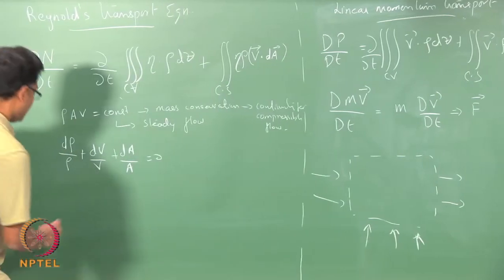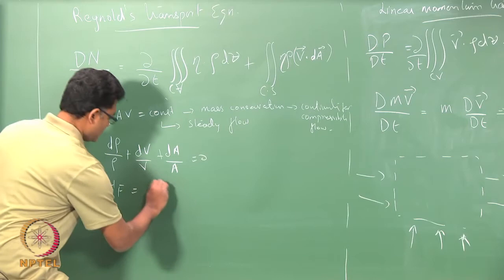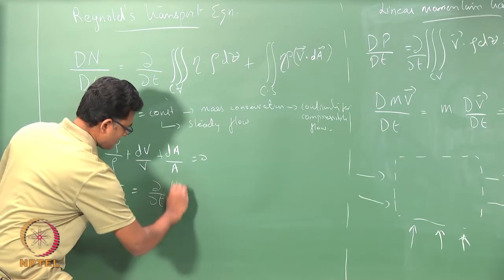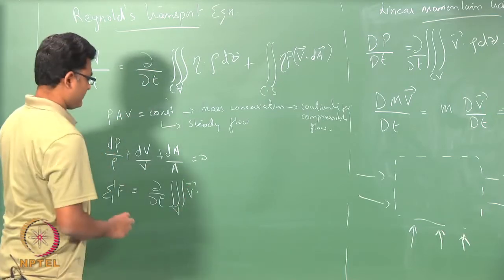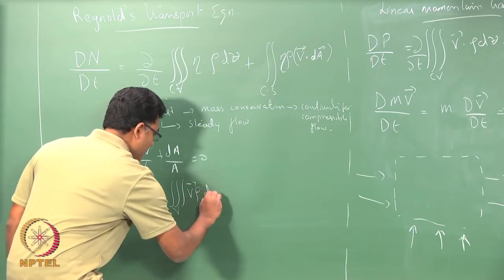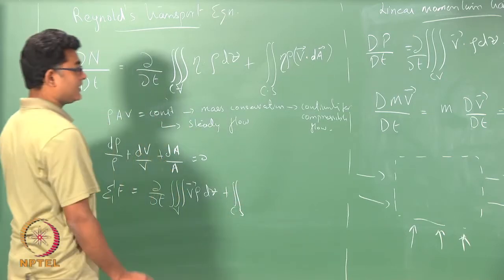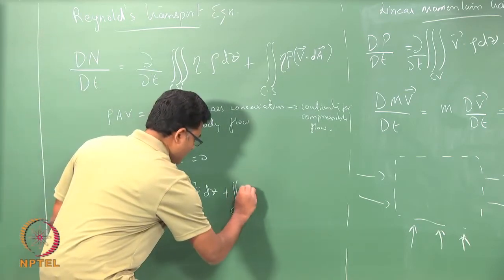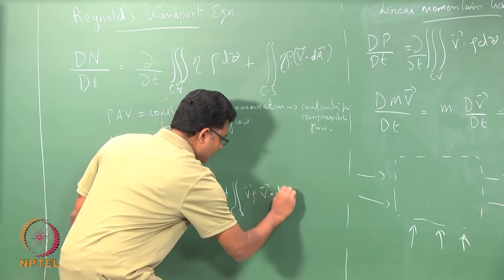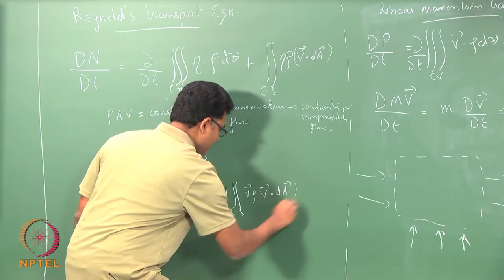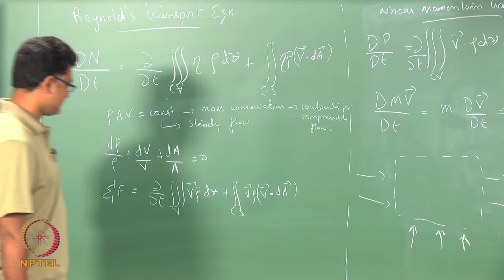So, we will write that equation here, sigma F equals d by dt of the control volume integral of v rho dV vector plus surface integral v vector rho v dot dA. Okay.